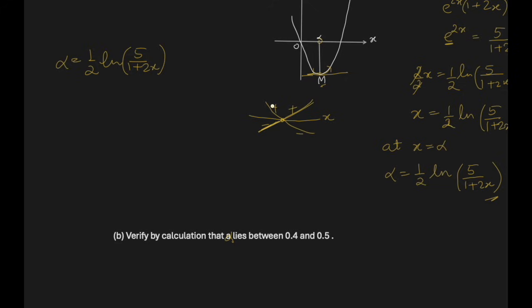What is the summary of this? That if the solution lies between 0.4 and 0.5, one of them should give you positive, one of them should give you negative, so that the solution is between them. However, this equation is not in the right format right now, because we'll have to put everything to one side.